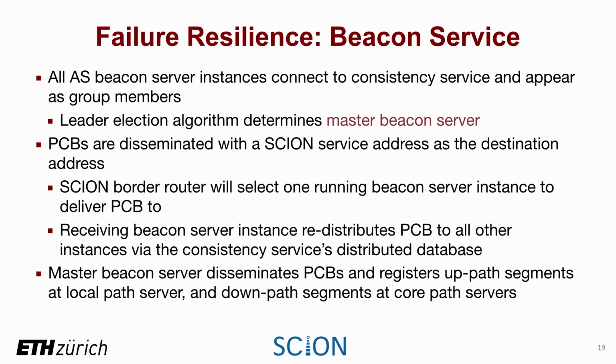PCBs are disseminated with a SCION service address as the destination address, as we've seen on the previous slide. And when a SCION border router obtains one of these PCBs, it selects one running beacon server to deliver the PCB to. This receiving beacon server instance redistributes this PCB to all other instances via our consistency service and specifically via the distributed database.